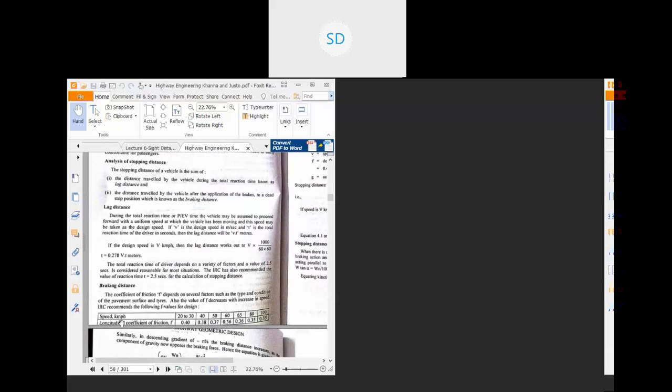Okay. Now another thing, you remember, I think, that I've said that the longitudinal coefficient of friction depends on the speed of the vehicles. So there is one table. You see the table where speed and longitudinal coefficient of friction values are given. For 20 to 30 kilometer per hour speed, your coefficient of friction value is 0.40.